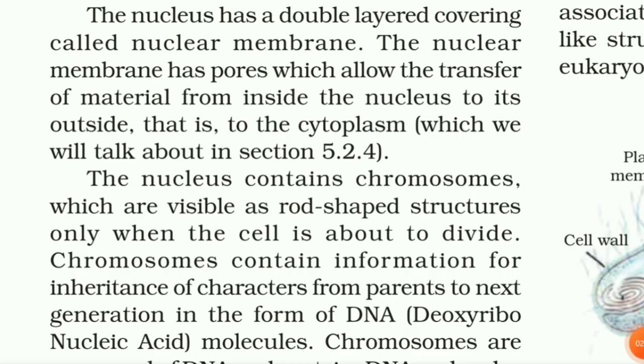The nucleus has a double-layered covering called the nuclear membrane, just as the plasma membrane, or cell membrane, holds all the organelles inside. The nuclear membrane has pores which allow the transfer of material from inside the nucleus to its outside, such as water or the particles that it needs.